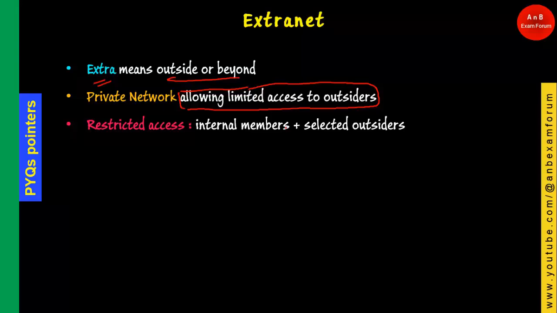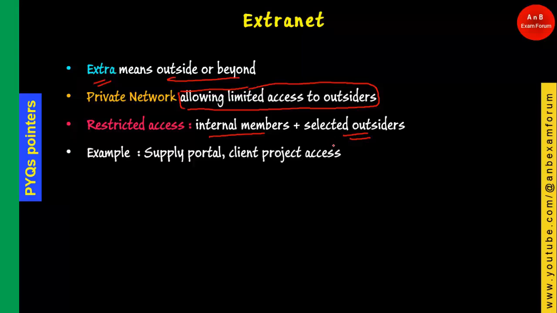Access will be for internal members and the selected outsiders who are going to access the network from the outside. It can be a supply portal or client project access. Suppose I am working on some project for another company. I want to access their email system. So they will provide me the access to their intranet.